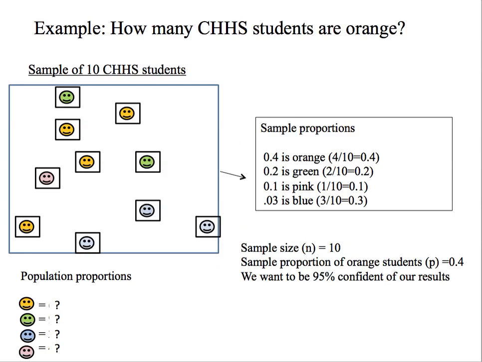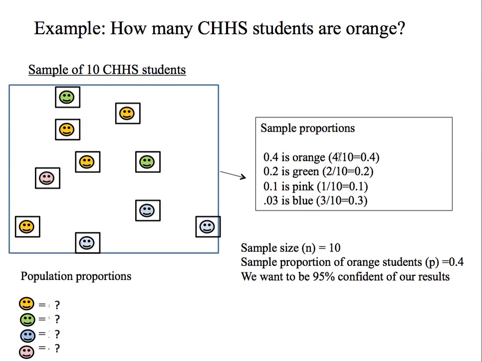Now, suppose that we obtain a sample of 10 CHHS students, and we calculate the sample proportion for the proportion of students who are orange, or for all the colors, for that matter. So the proportion of orange students is 0.4.